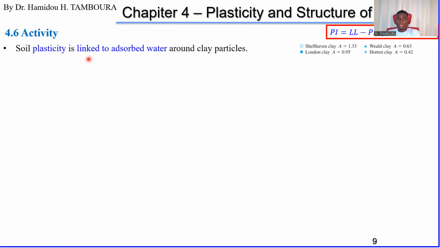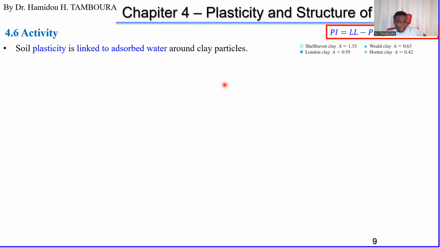Soil plasticity is linked to absorbed water around clay particles. This is very simple. The plasticity of the soil will depend on the amount of water in the soil. And please remember, when we say soil here, it is fine soil, not gravel or sand.